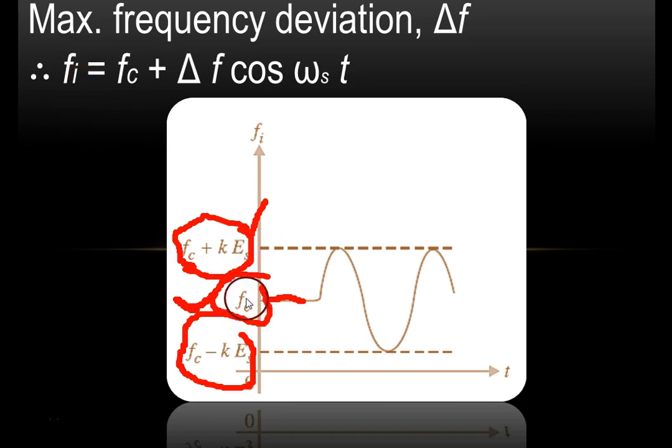This is the instantaneous value at any instant. This is the original carrier frequency. This is the frequency deviation, delta F cos omega st. This is our modulating signal. Delta F is the deviation in the frequency. So this is how it works.